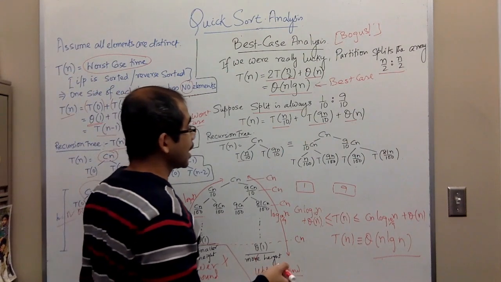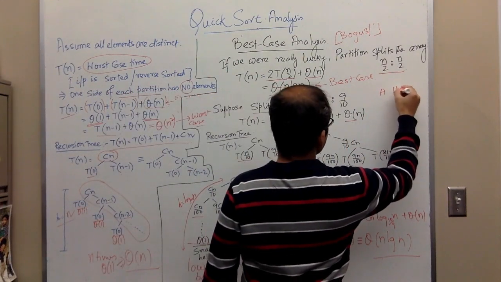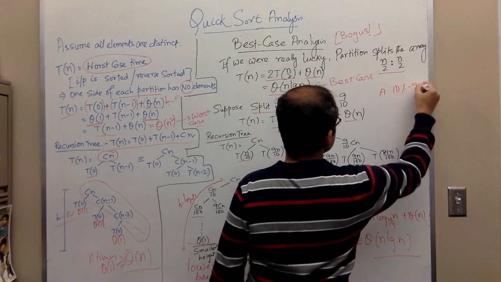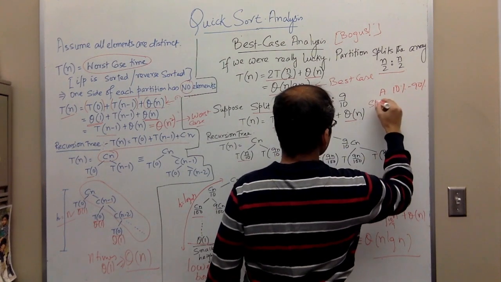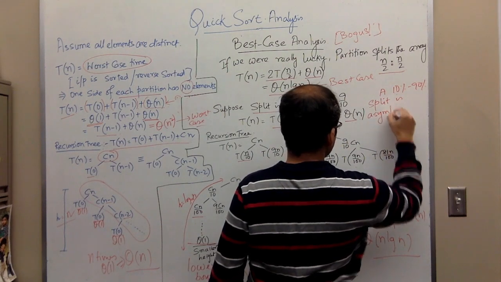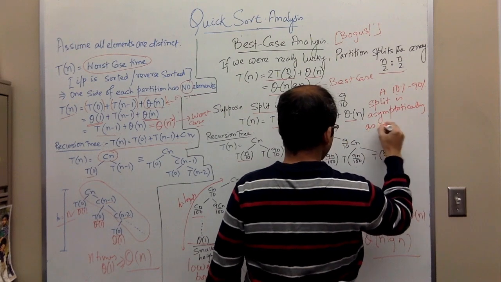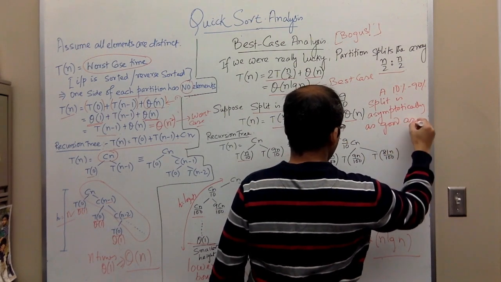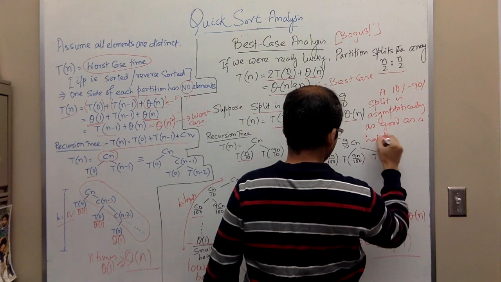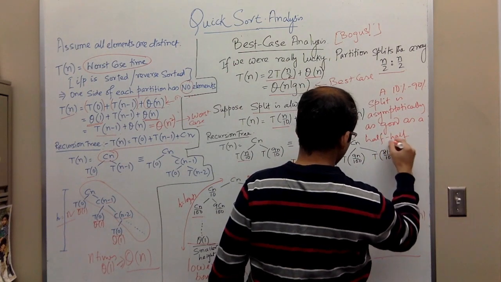So we can say that the 10%, 90% split is asymptotically as good as a 50-50 or half-half partition.